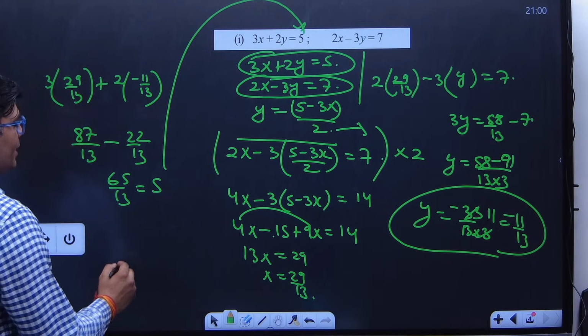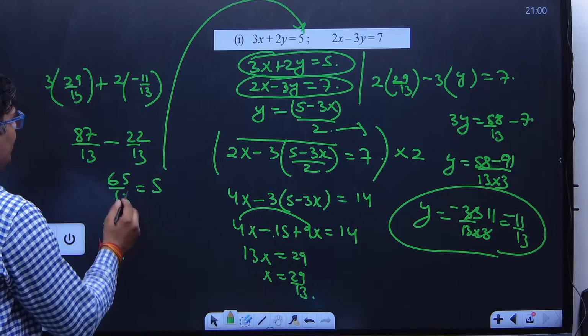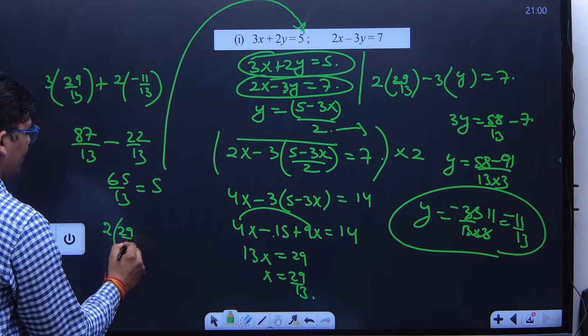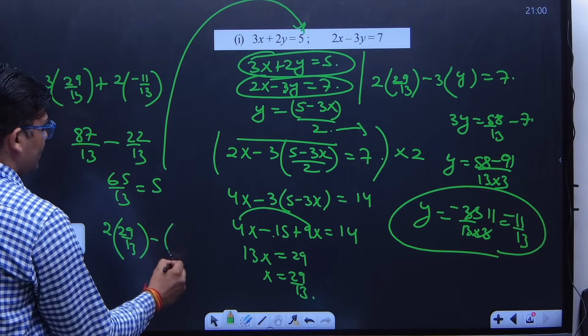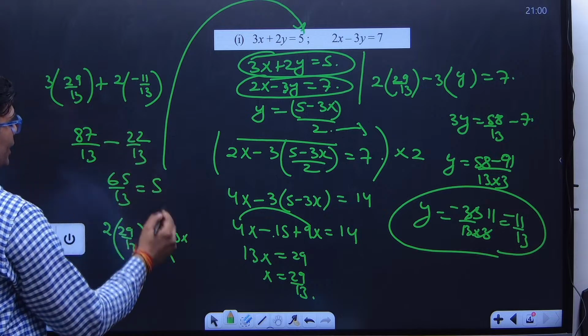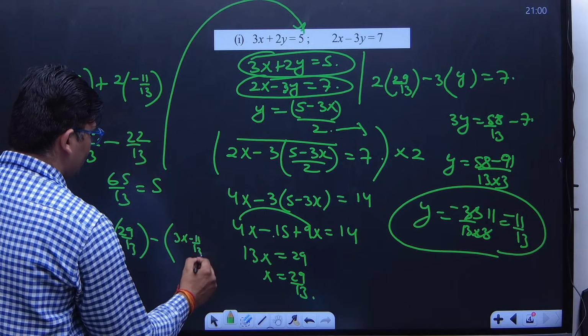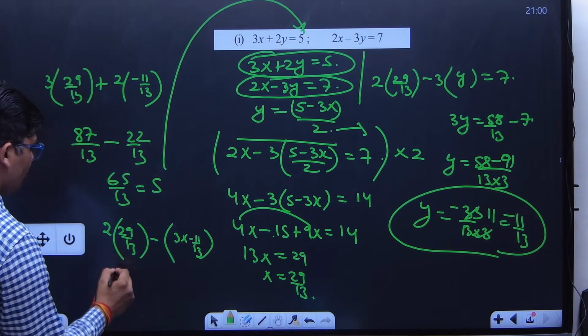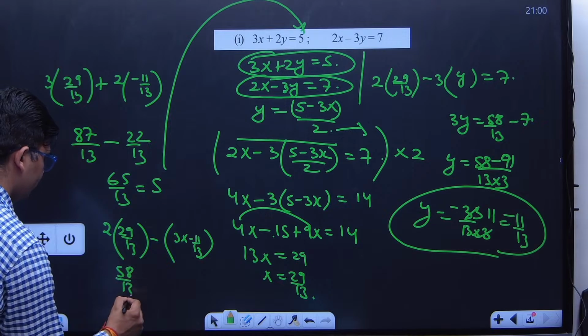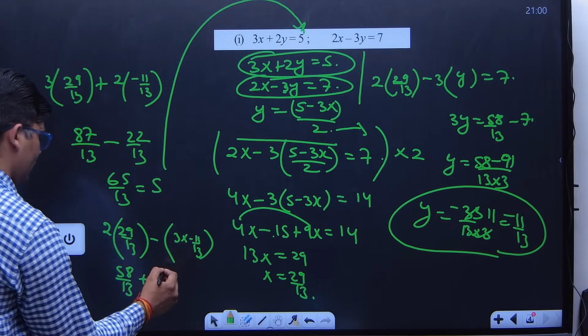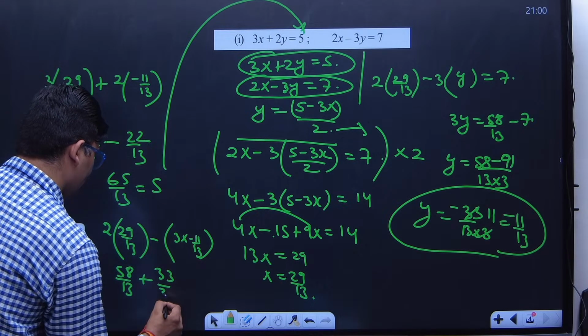Then 2x minus 3y. So if I put the value of x as 29 by 13 in the second case, and minus 3 into, instead of y I am going to write minus 11 by 13. So this is going to be 58 by 13 plus 33 by 13.